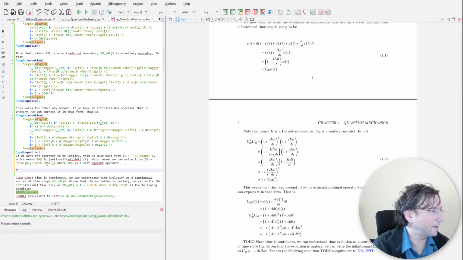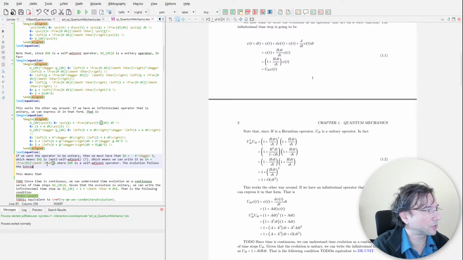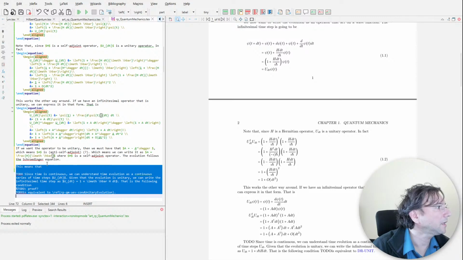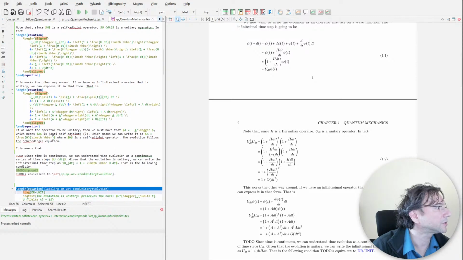And this means that the following condition, so the evolution follows the Schrödinger equation. Okay, so now the condition is this.